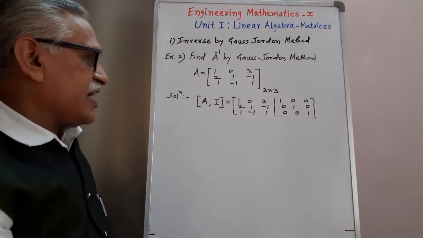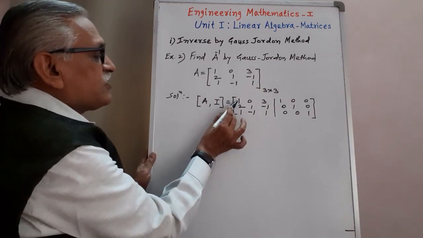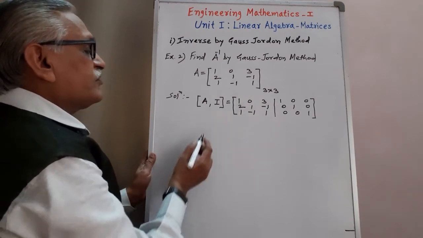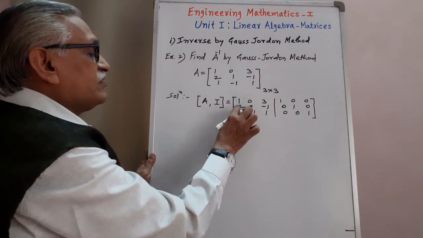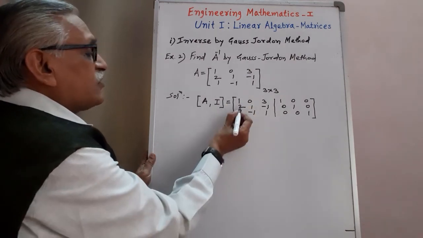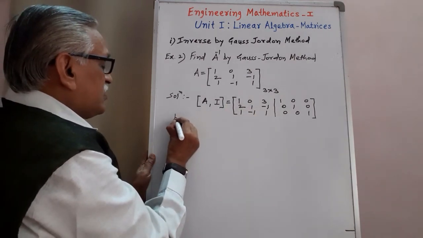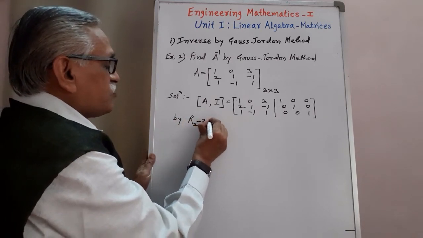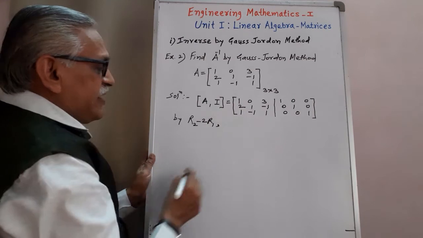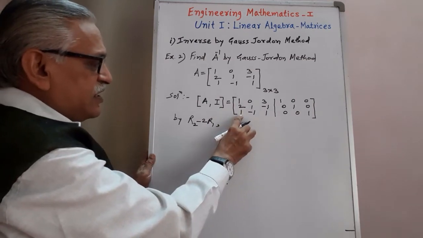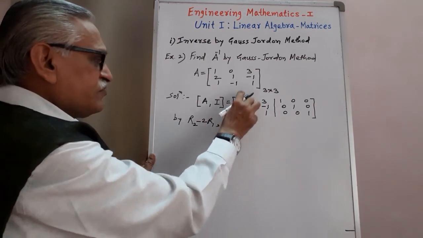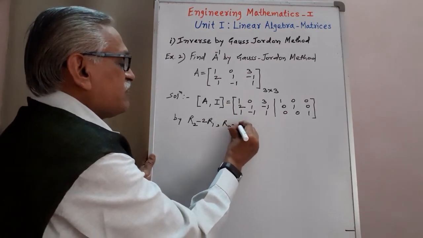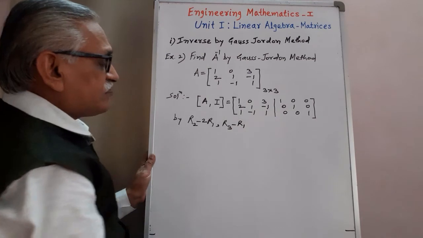I will keep it as it is, and with the help of this one, I try to convert the elements below it to 0. 2 minus 2 we get 0, means the transformation is R2 minus 2R1, and in the same step we can convert this to 0 also. Therefore, 1 minus 1 is 0, means R3 minus R1.